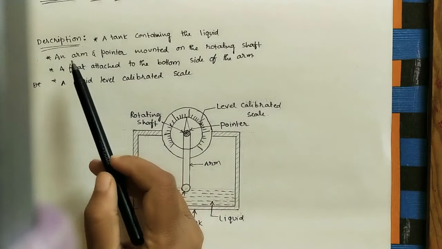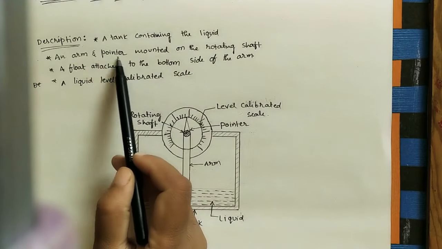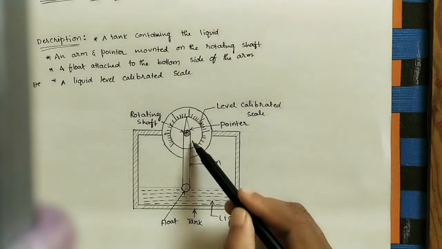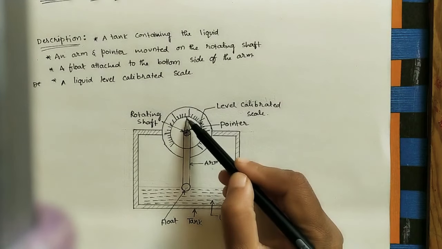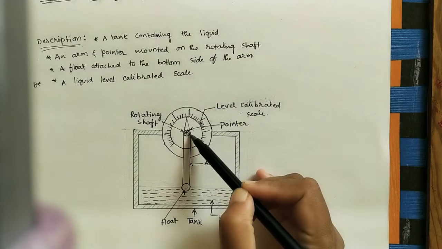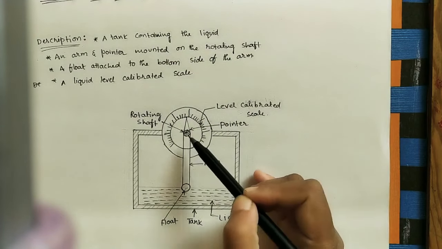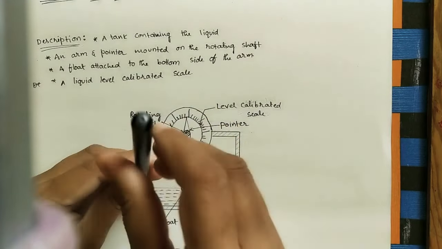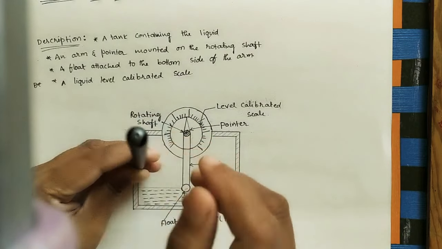So after tank, take the second part, an arm and the pointer. This arm and the pointer are mounted on the rotating shaft. If you see from top, it is looking like a circle here.